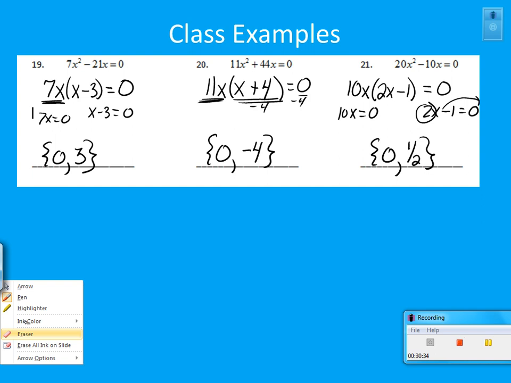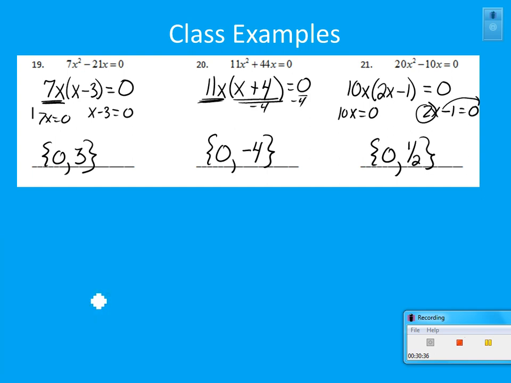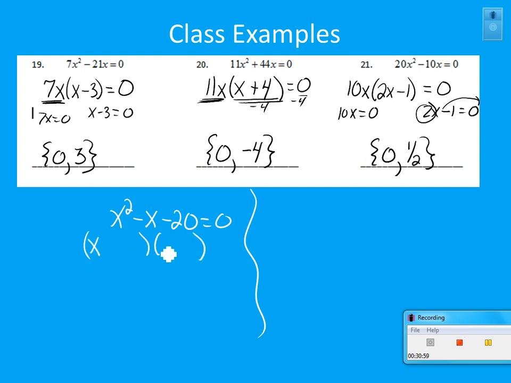Hey, so look at what I've done with you today. I've covered two different kinds of factoring. The first factoring is if it looks something like that. There'd be 3 terms in there. If there's 3 terms in there with a C value, that's kind of the key thing. It's got to have a C value. If that's the case, then you're going to go 2 parentheses, an X and an X, and then you're going to find 2 numbers that multiply to be that C value, which in this case is negative 20, that you could make add up to be negative 1.